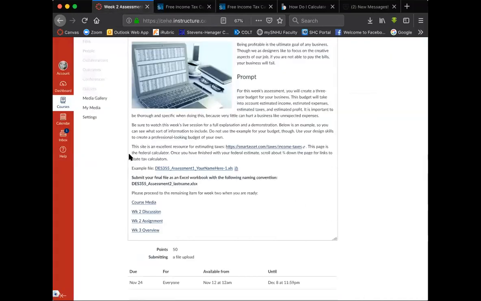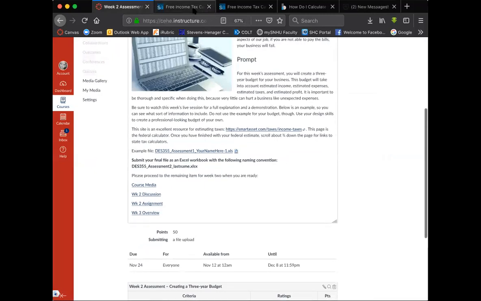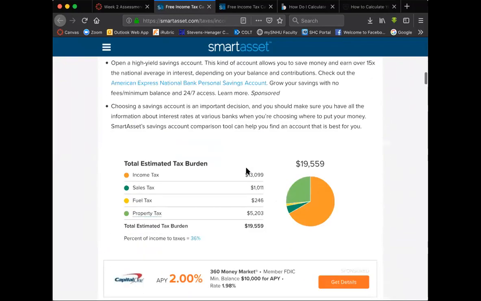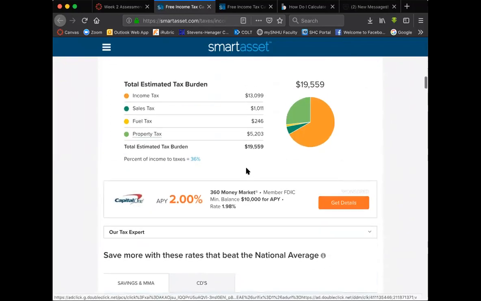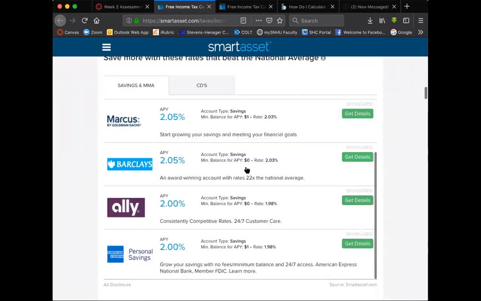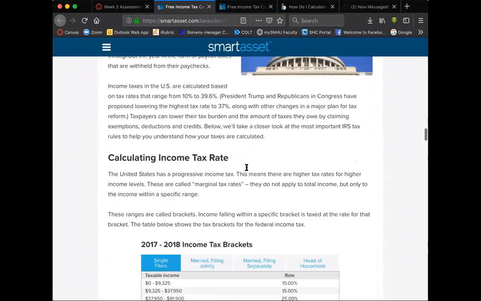Okay, so this is the federal calculator. Once you have finished with your federal estimate, scroll down about a third down the page for links to state tax calculators. So what they're saying is once you get that federal taxes done, you're going to go down to a third of the page here.